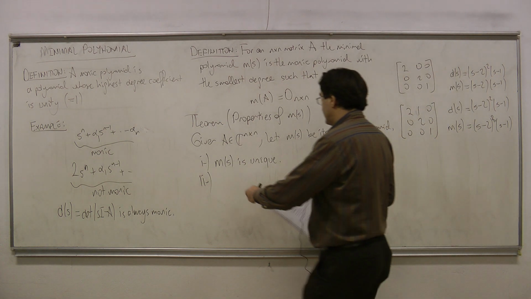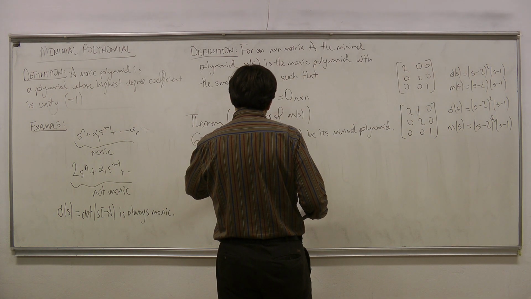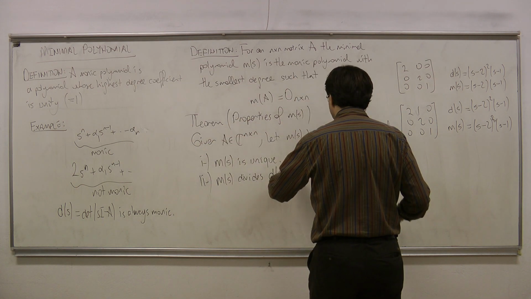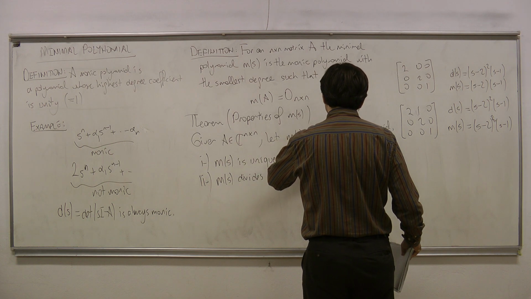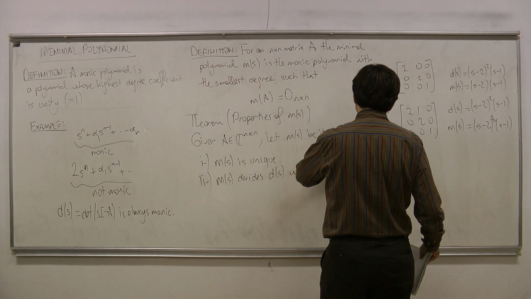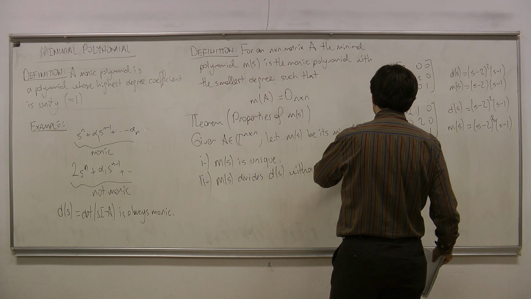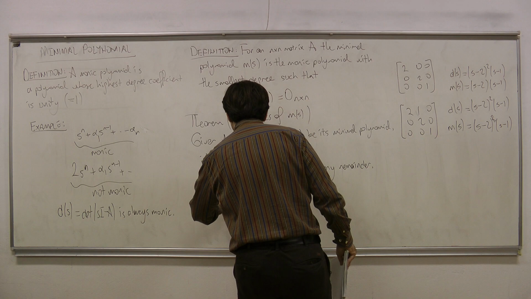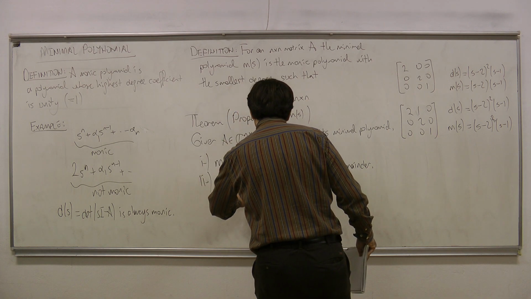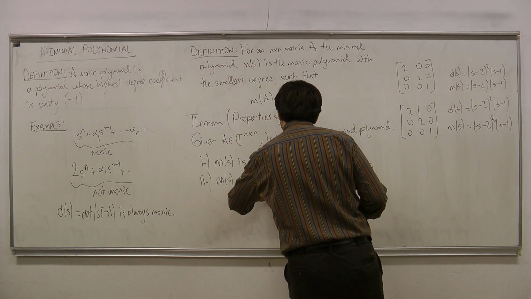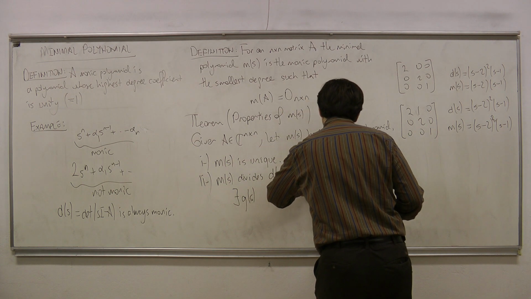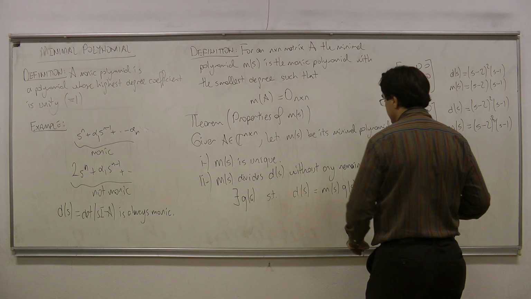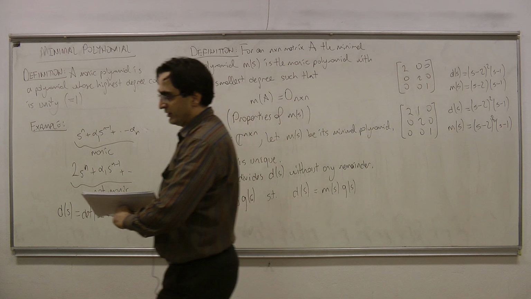The second one is that m of s divides d of s, the characteristic polynomial, without any remainder. The meaning of this is that there exists q of s, another polynomial, such that the characteristic polynomial is the multiplication of m of s and q of s. Okay? Q of s is just another polynomial.